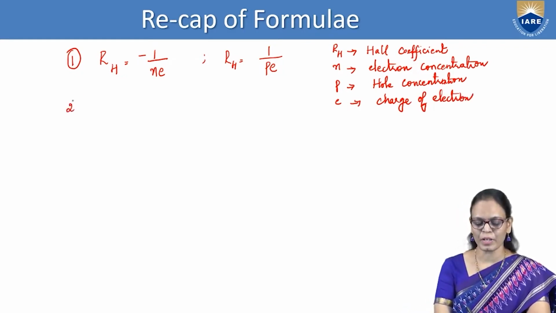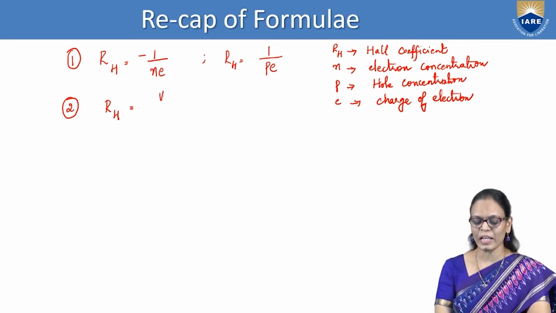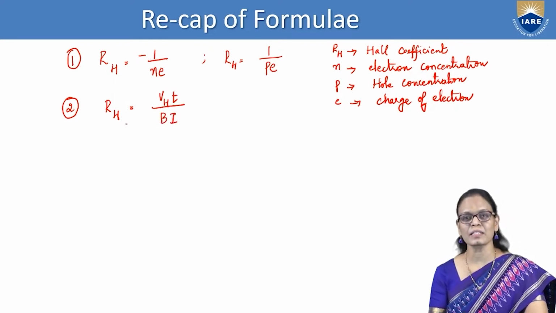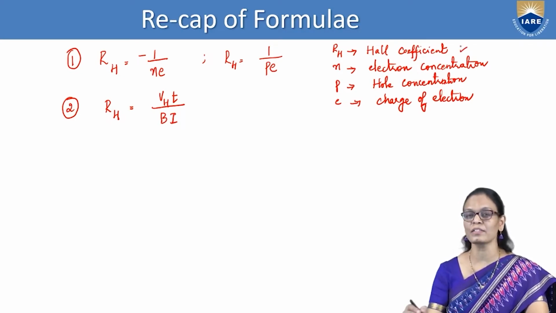Now the second formula is to calculate the value of RH using the Hall voltage. RH is equal to VH into t upon B into I. RH is the Hall coefficient. VH is the Hall voltage.